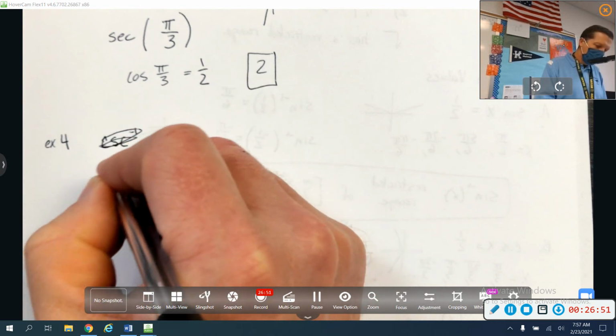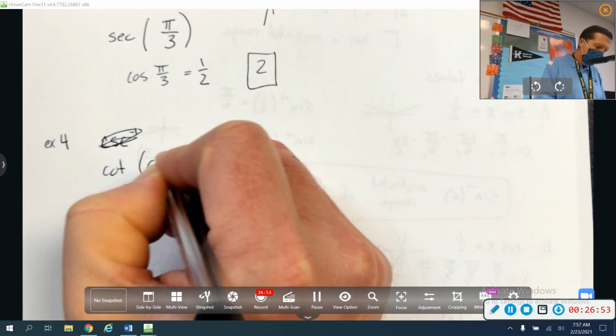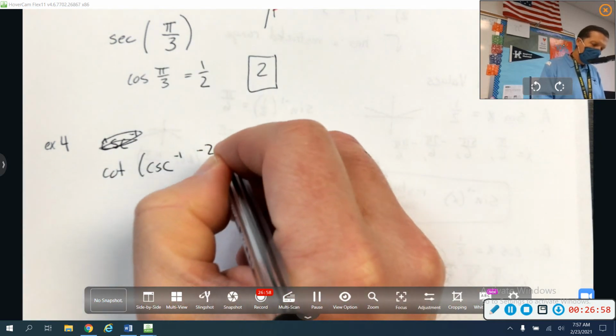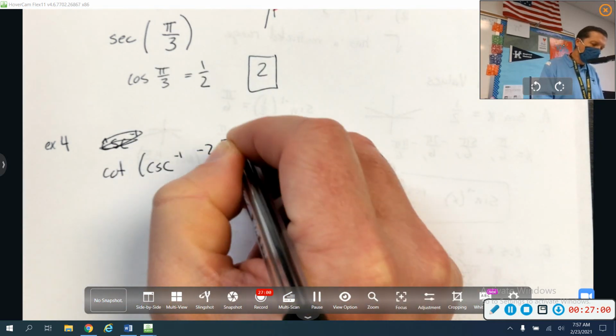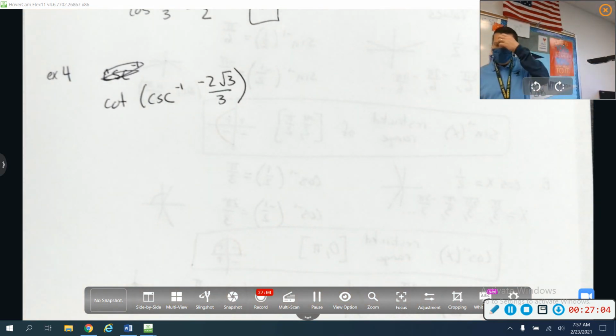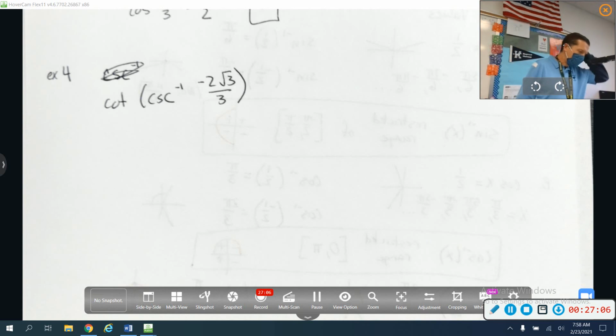Oops. Cotangent of the inverse cosecant of negative 2 root 3 over 3. Again, I'm throwing the absolute worst ones at you today. Cosecant, I don't want to mess with cosecant.